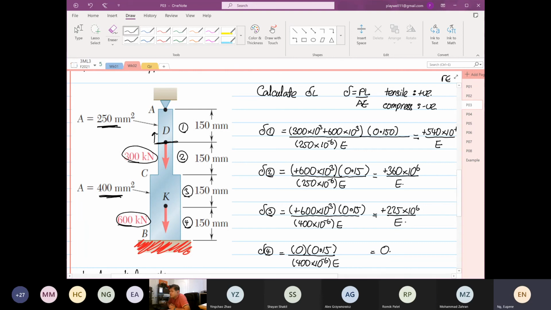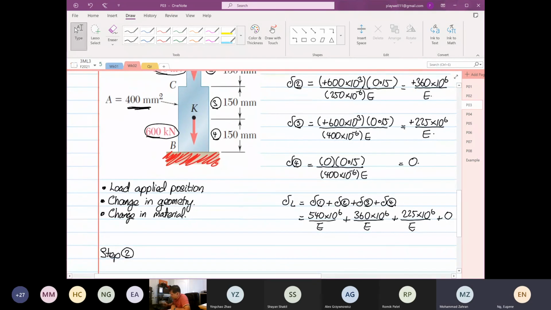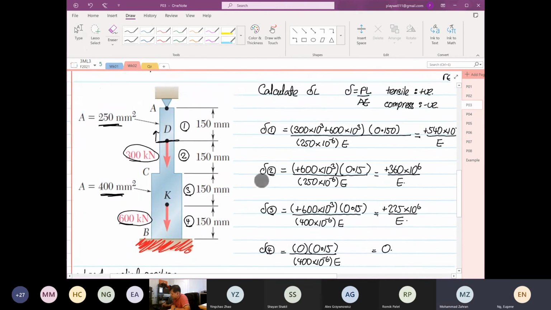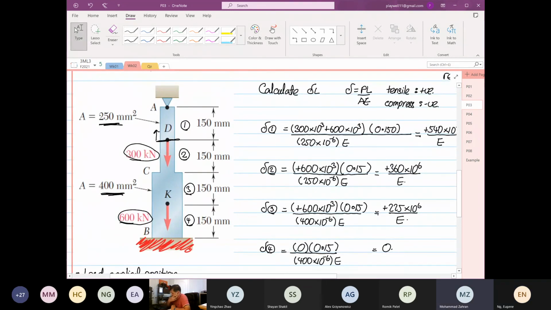Muhammad, does that make sense? So the splitting is due to any of these: load applied position, change in geometry, or change in material. I understand that, but for the first rectangle, from A to C, it's 250 millimeters squared.